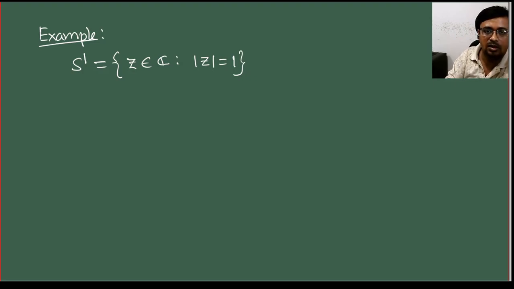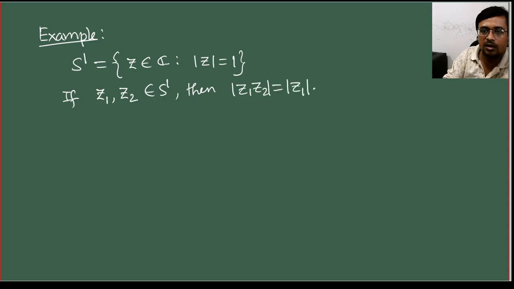With respect to multiplication, this forms a group, because if you have two complex numbers z1, z2 from S1, then mod of z1 z2 is equal to mod z1 times mod z2, which is 1. So z1 z2 is in S1 also, so multiplication is a binary operation on S1.